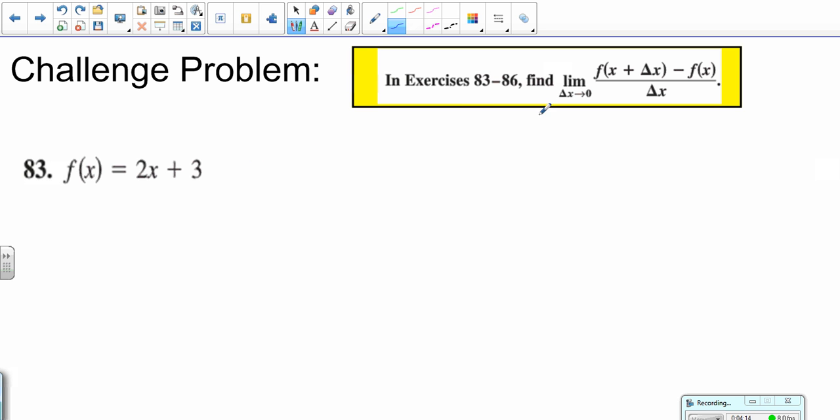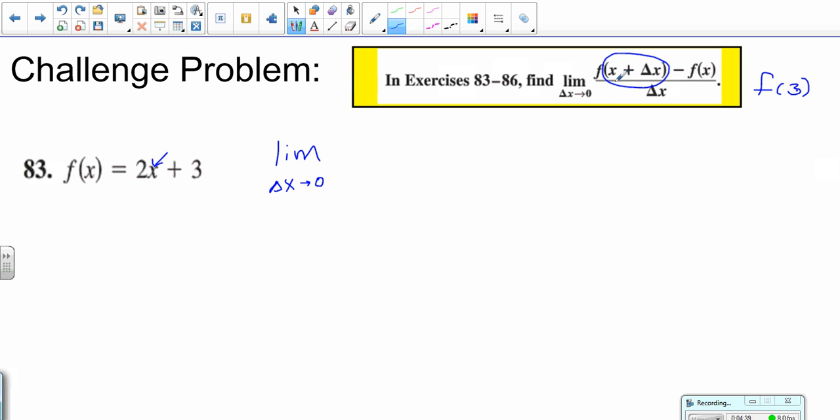Okay, let's just follow the directions. We want to take the limit as delta x goes to 0, when the change of x becomes hardly anything, goes to nothing. I'm going to have the function evaluated at x plus delta x. If this had just been like f of 3, what would we have done? We would have taken 3, substituted in every place we saw x.